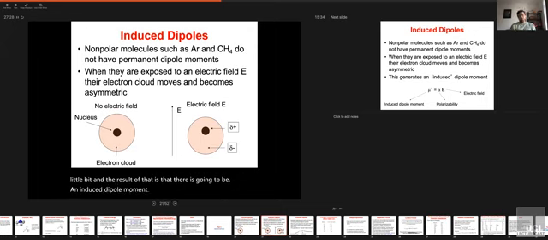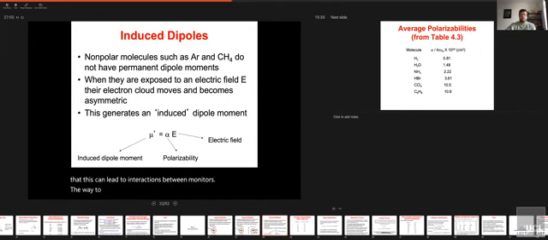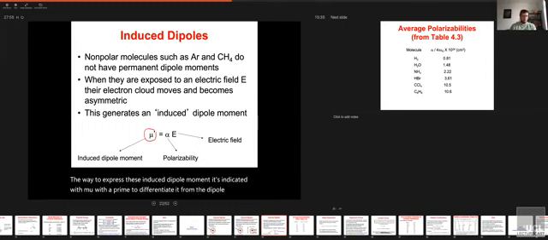And of course, that induced dipole moment is going to react to the electric field and perhaps interact with other dipole moments that are in the system. So this is the induced dipole moment, and we will see in a minute that this can lead to interactions between molecules. It is indicated with mu with a prime to differentiate it from the dipole moment that is intrinsic to a molecule.